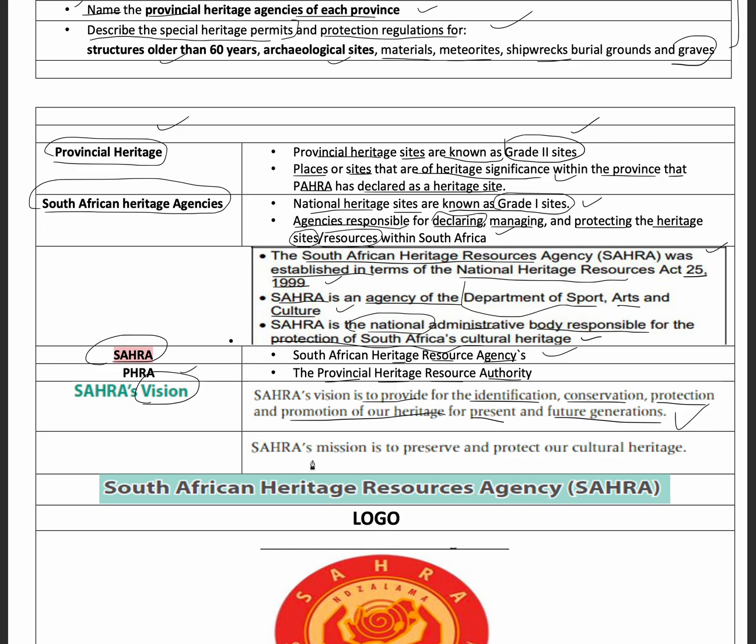So the mission, mission is like a purpose. What is the purpose of the South African Heritage Resource Agency? Their purpose is to make sure that they preserve.